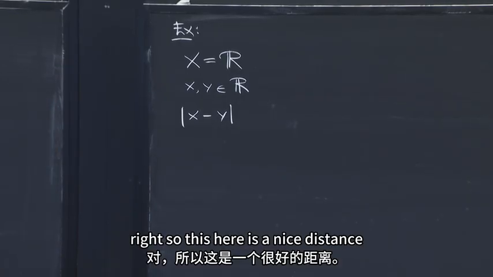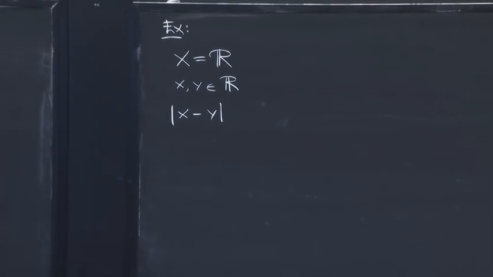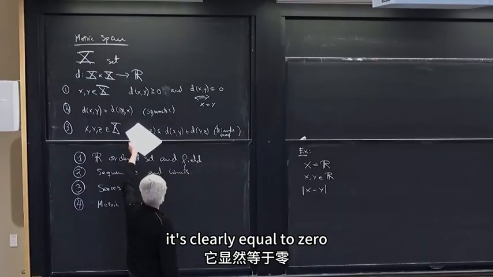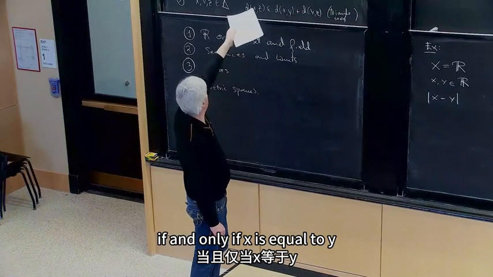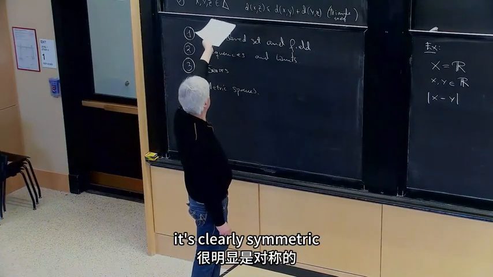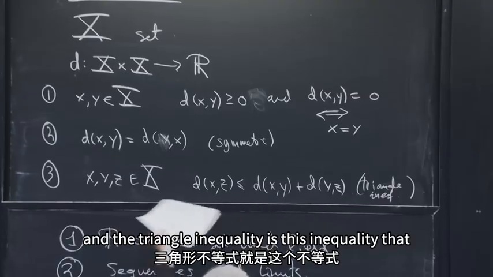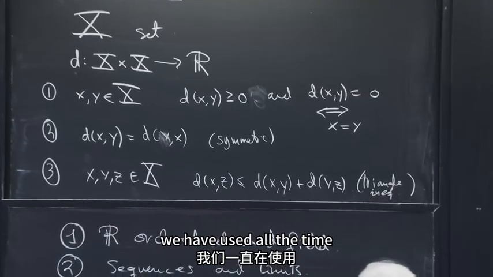So this here is a nice distance, right? It's clearly non-negative. It's clearly equal to 0 if and only if x is equal to y. It's clearly symmetric. And the triangle inequality is the inequality that we've used all the time, right?